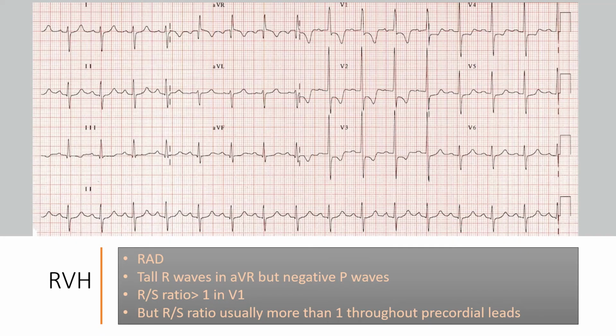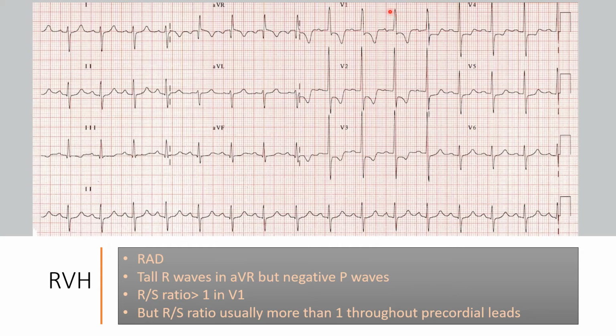Like we talked about before, right ventricular hypertrophy and right axis deviation. This actually shows you both right axis deviation and right ventricular hypertrophy. You will see very tall R waves in V1 and V2 and almost no S waves, and therefore the R to S ratio in V1 and V2 is much more than 1, which is not the normal case in a normal EKG.